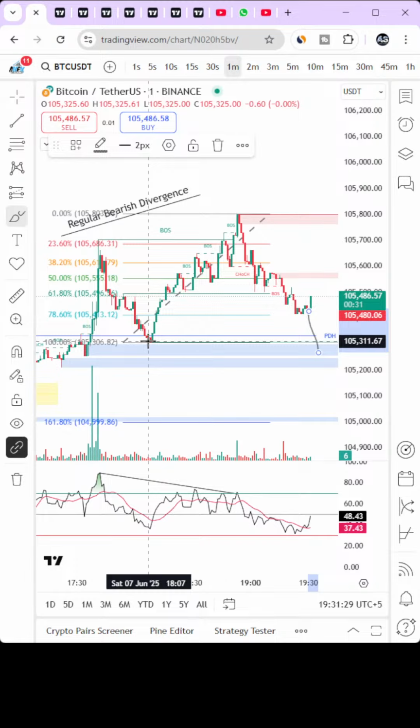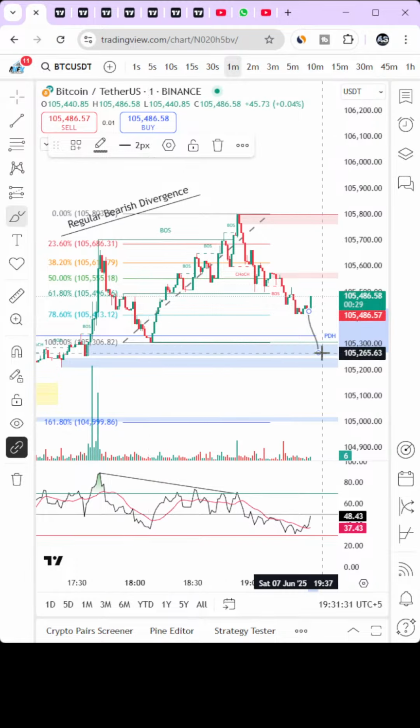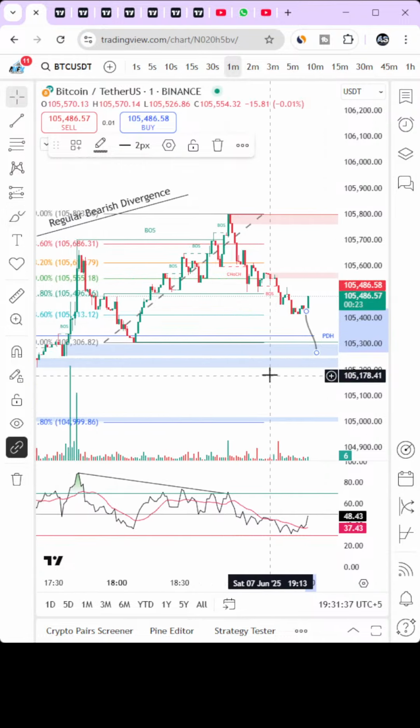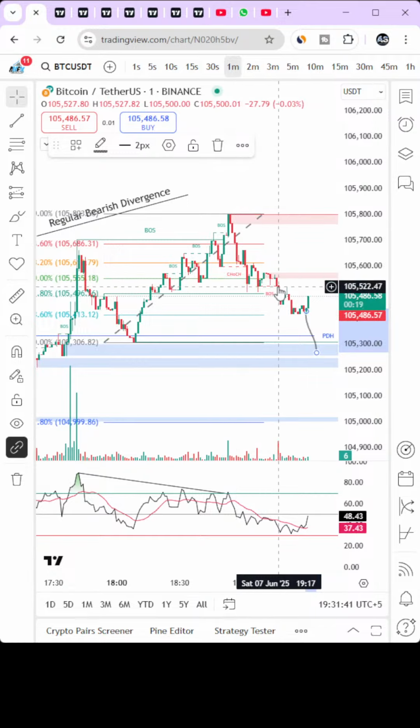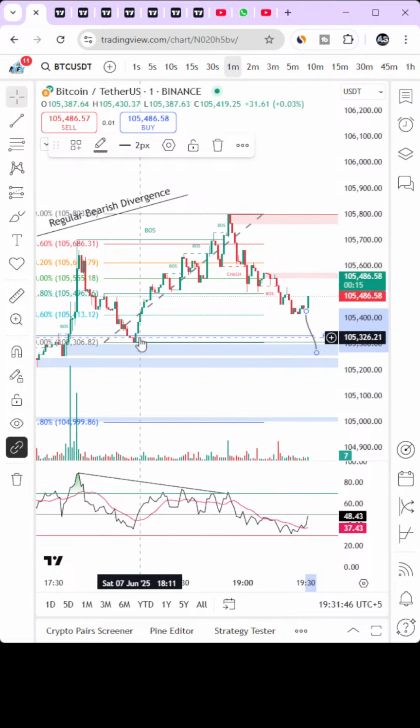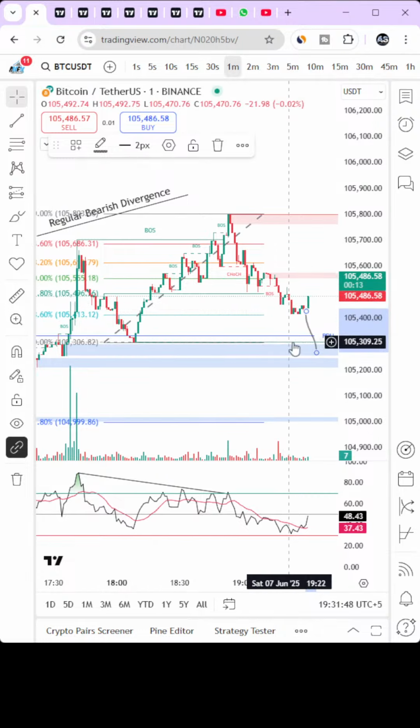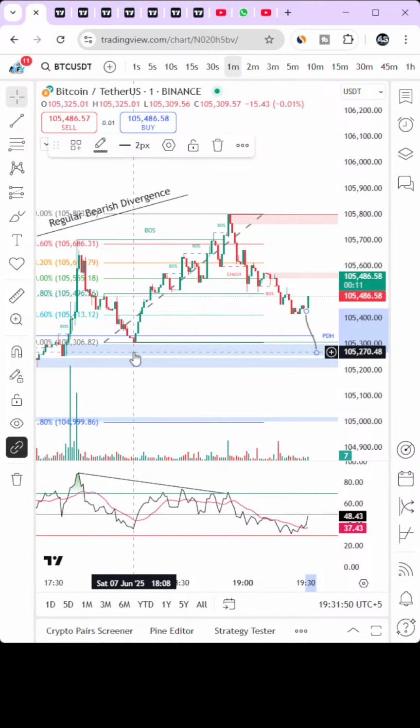That would be the perfect external change of character. Now you can see clearly the internal changes of character the market has already created, but these are internal. We would count the external change of character, which will be the perfect one.